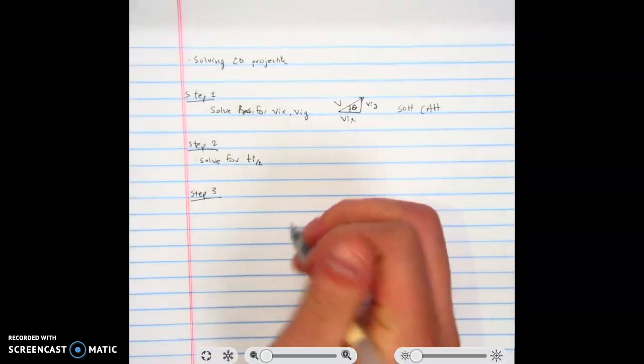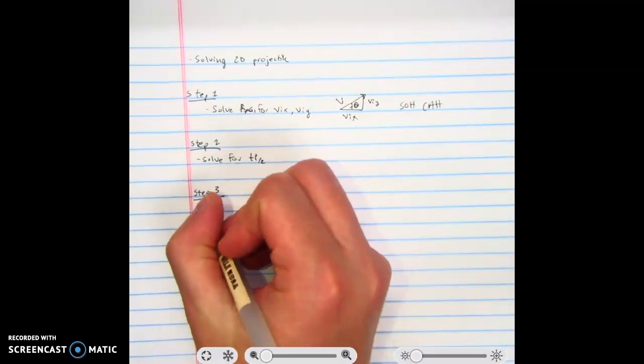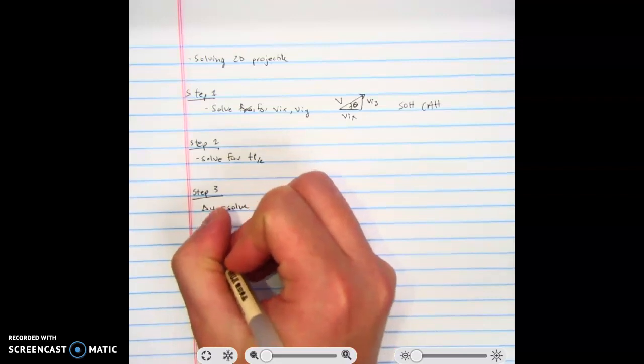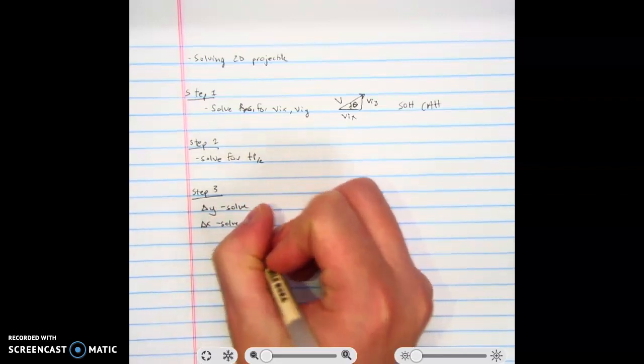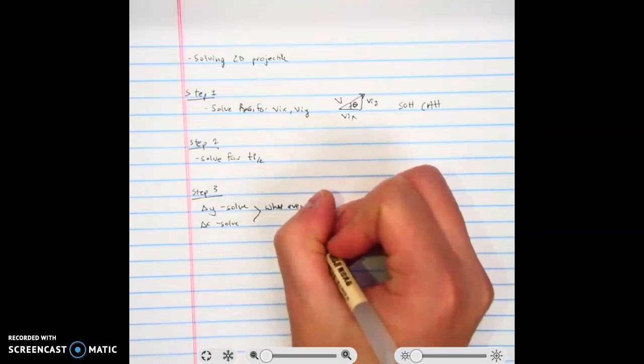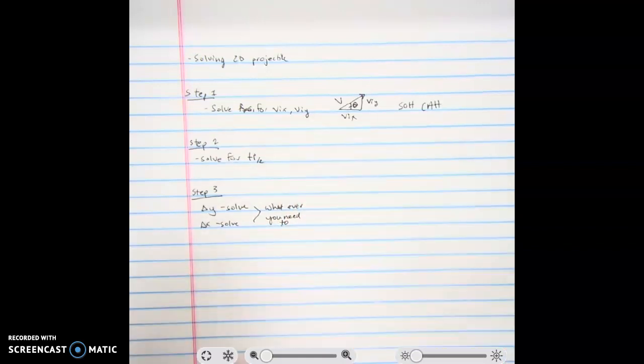Step 3, really from there, you have everything you need.